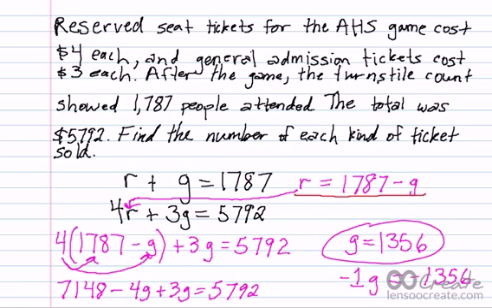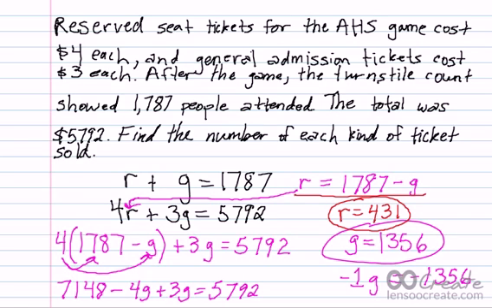I'm typing that into my calculator, and it gives me R equals 431. And we did it. The question asked us to find the number of each kind of ticket sold. The reserved tickets equal 431 people, and the general admission equals 1,356 people.